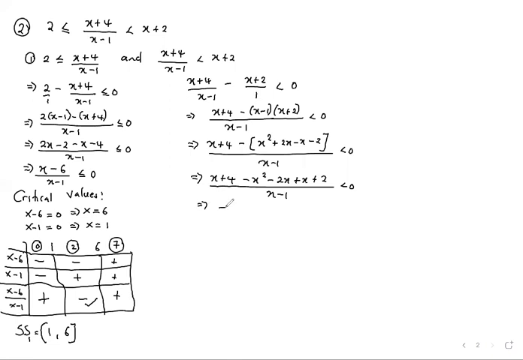So we remain with negative x squared plus 6 over x minus 1 is less than 0. Get critical values. X minus 1 is equal to 0, giving us x is equal to 1. Negative x squared plus 6 equal to 0.